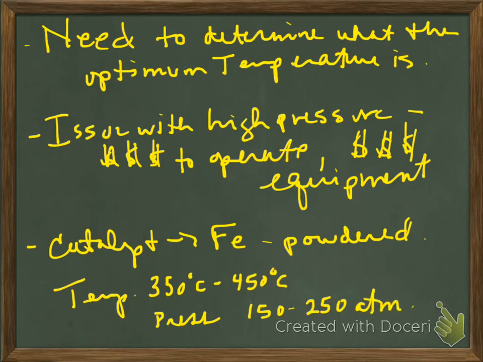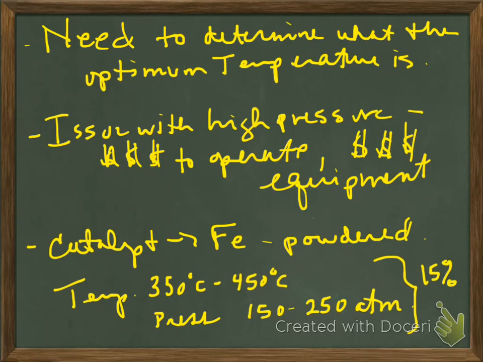Now the overall point to this is to remember that you want to increase your yield and increase your rate. Sometimes those are going to be opposite. You know, if you increase the yield, you might impact your rate, and you have to find the optimum between that.